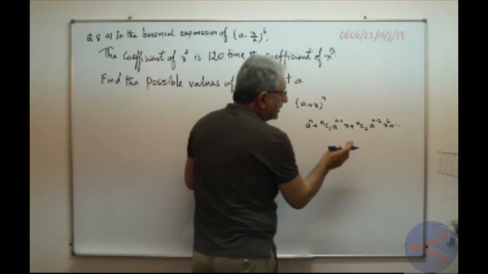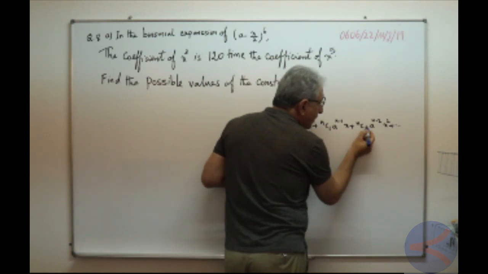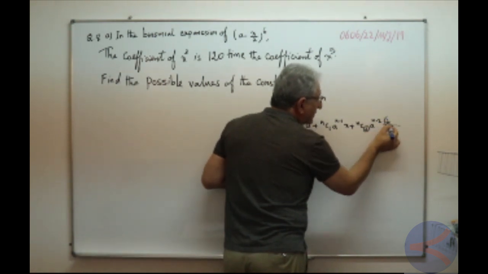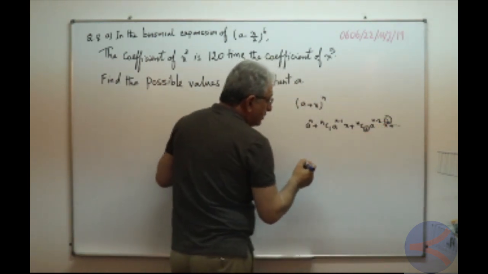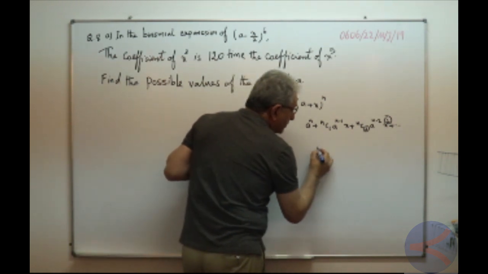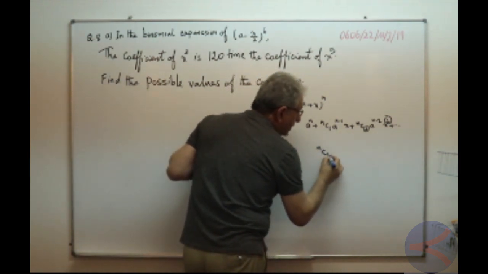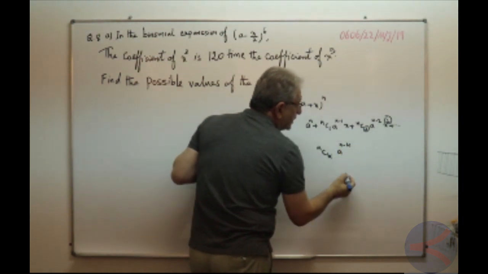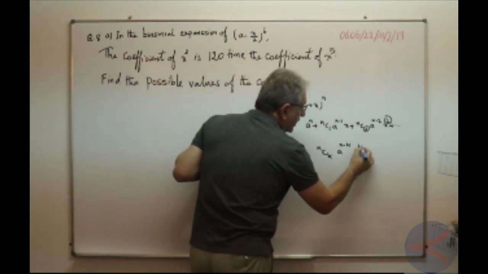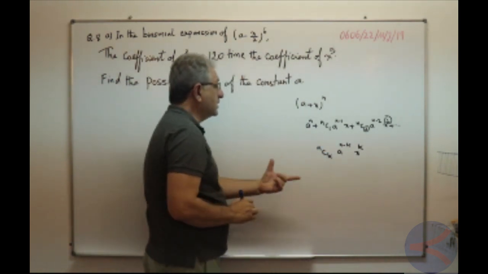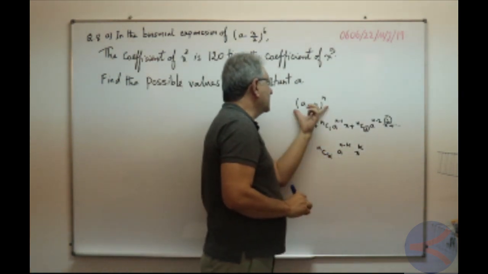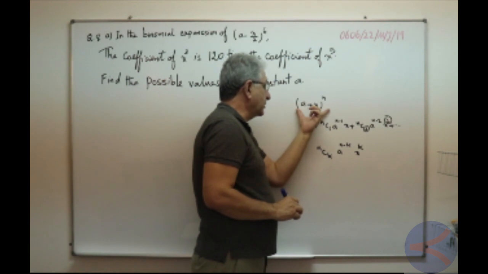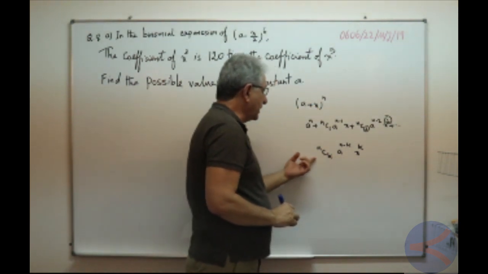You can see that this number and this power are always the same. In general form, any term is of the form nCk a to the power of n minus k and x to the power of k. So this is the general form of the terms of this expansion. Every term will be like this.